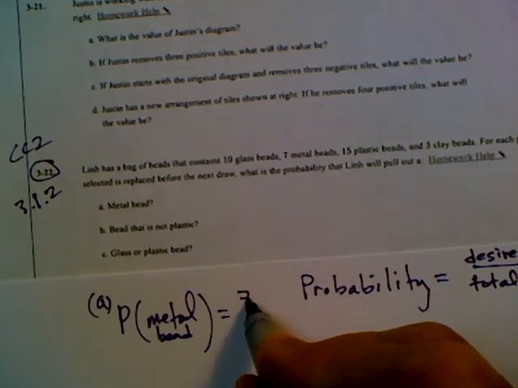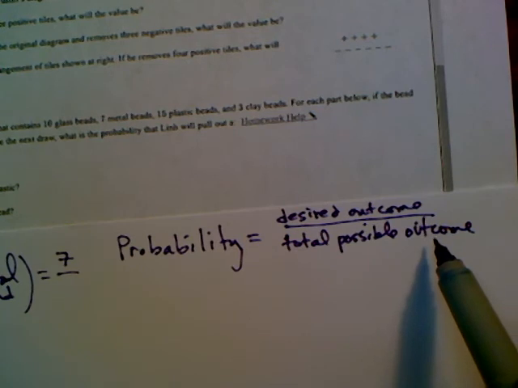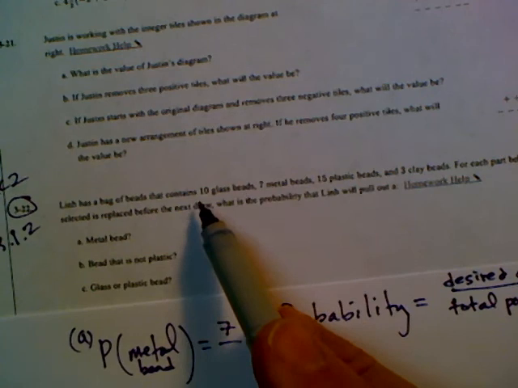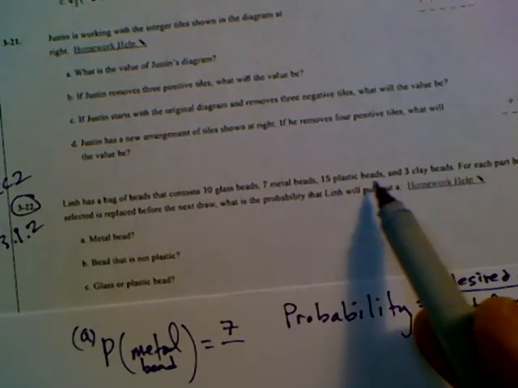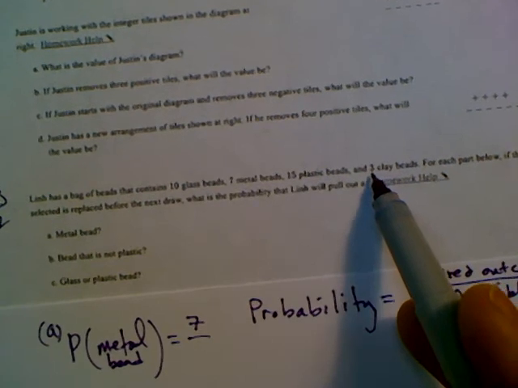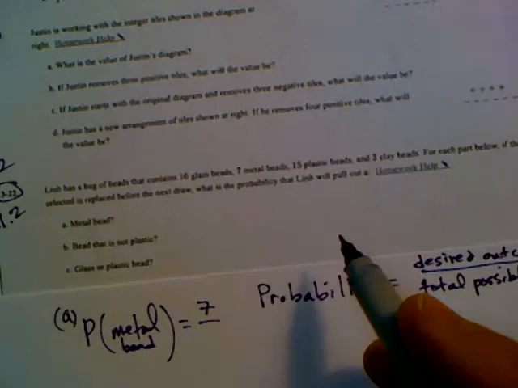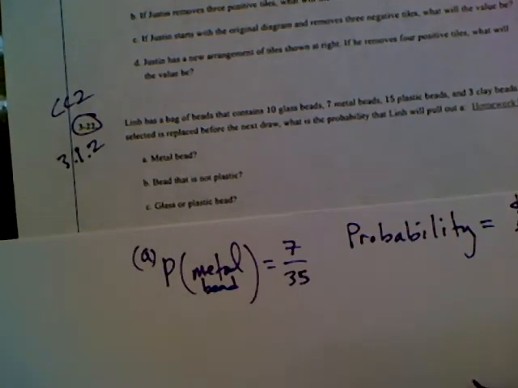So it would be 7 over the total outcomes. How many beads are there in the bag, right? So there's 10 plus 7 plus 15 plus 3. That gives me a total of 35. So it's 7 out of 35, right?